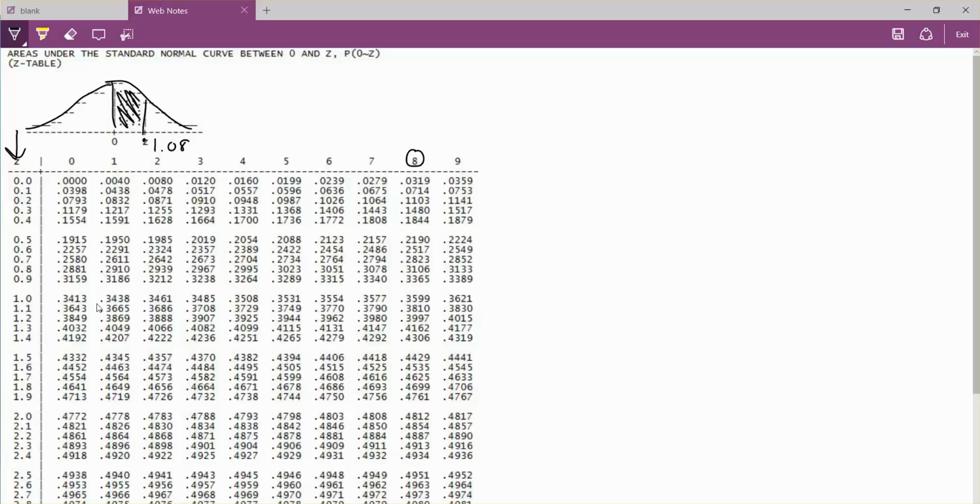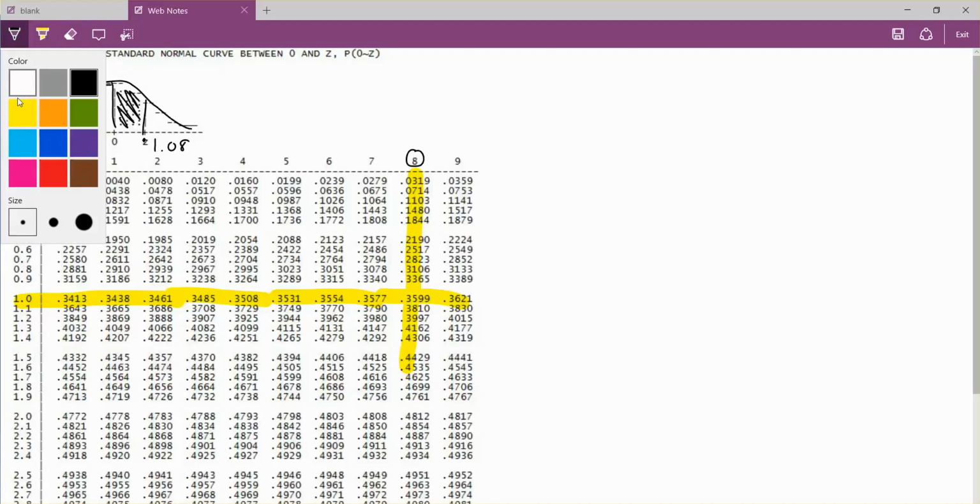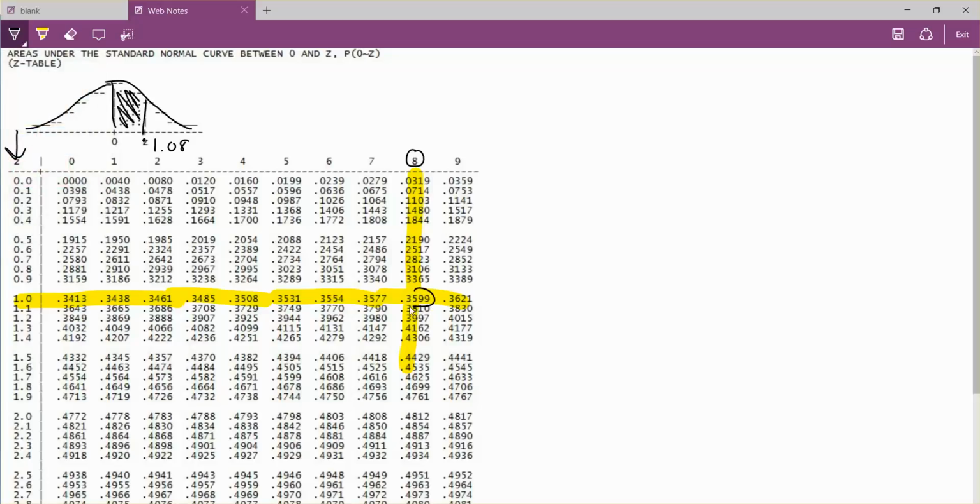So find where this row and this column intersect, and that answer is going to be the value under the normal distribution. So right here is where those two intersect. So this is 35.99%.